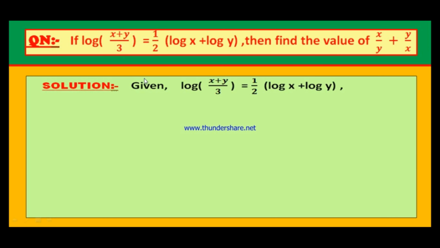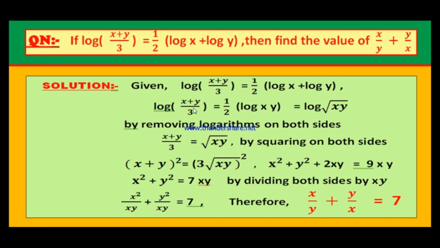Given log of (x plus y) by 3 is equal to half of (log x plus log y). LHS is log of (x plus y) by 3. This log x plus log y is in the form of log m plus log n. Log m plus log n is log mn, that is log xy.